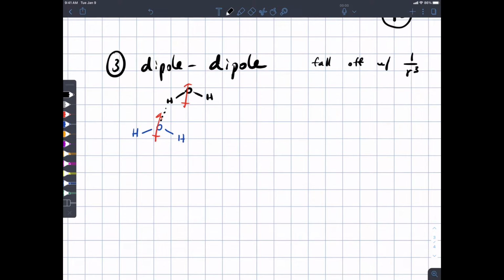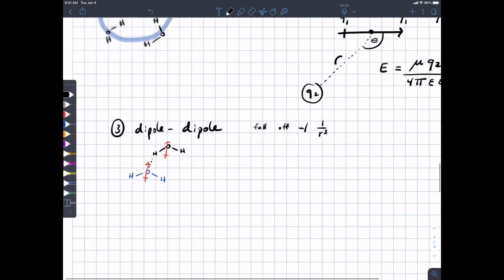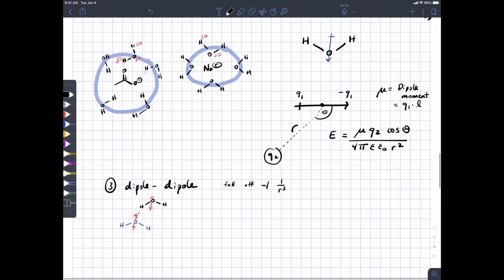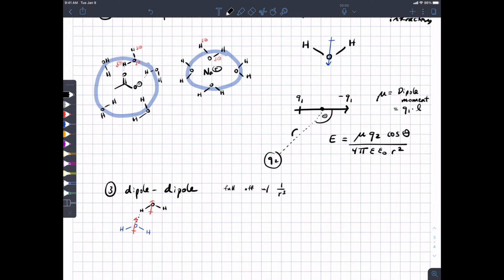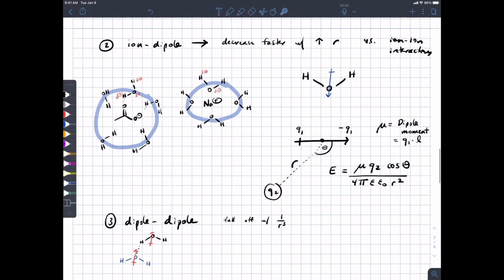All right, yeah? Could you explain the interactions between ion-dipole one more time? I guess I'm just confused how that's different than the ion pair. How is it different than an ion pair? In an ion pair, you have a full charge on one molecule interacting with a full charge on the other.